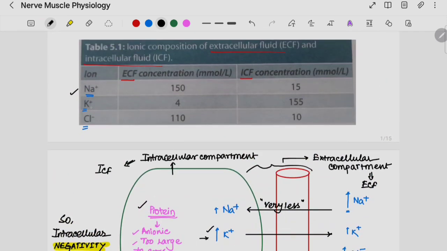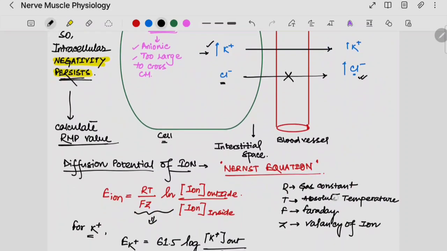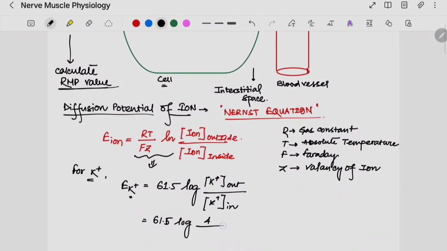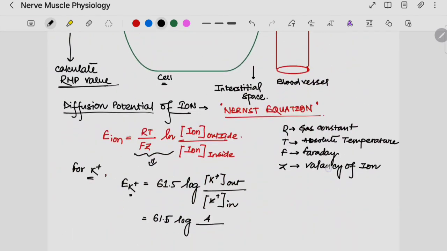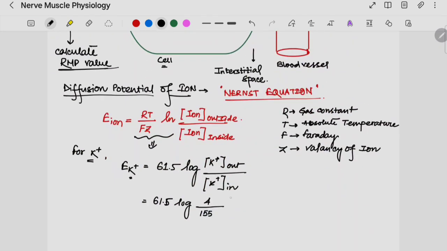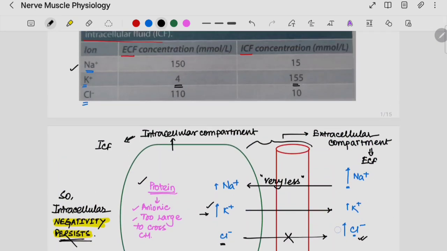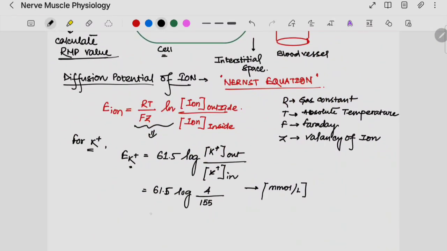Potassium outside is 4, so potassium is less in the ECF, by potassium inside, which is much higher, that is 155, in unit millimole per liter. So by this calculation, that's equal to minus 90 millivolt approx, right?